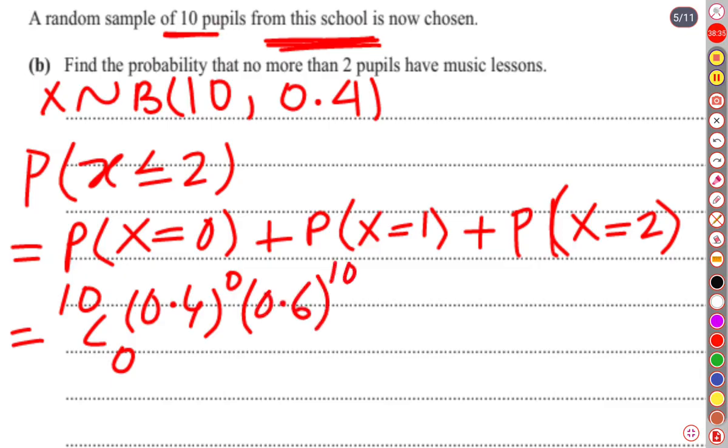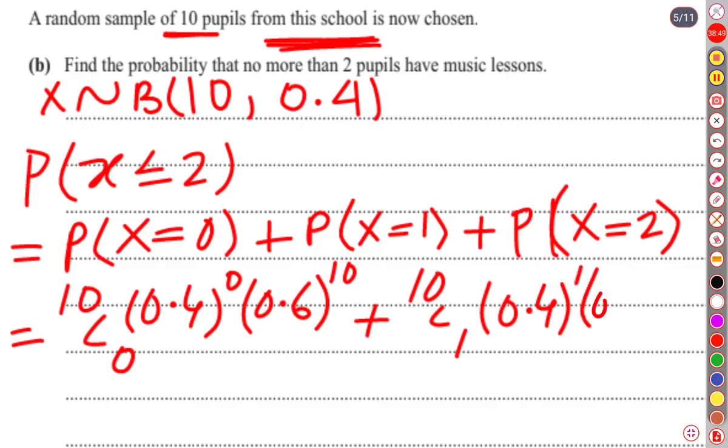When there is only one, out of 10 only one student chose music class, with 0.4 probability, only one. Then the rest of the nine students didn't choose music class.